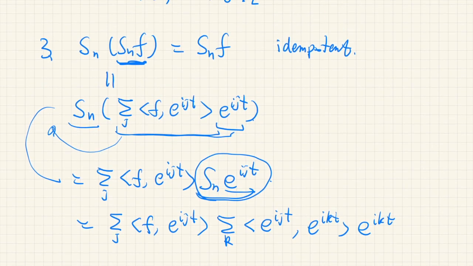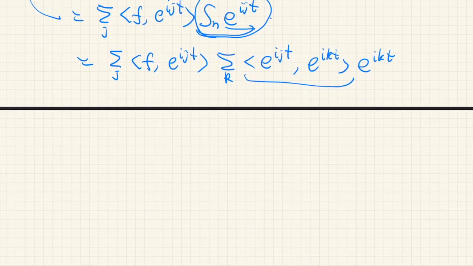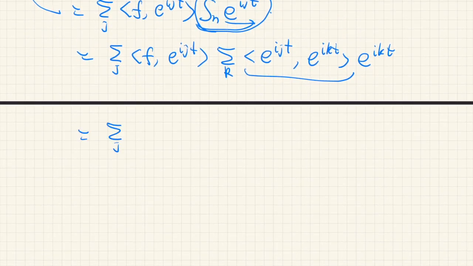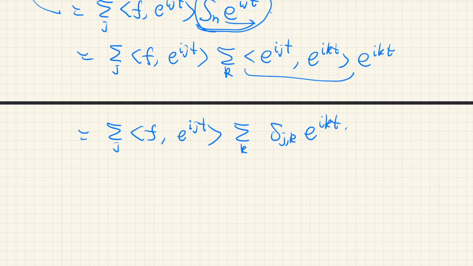But we know that this is orthonormal. So we have e^{ikt} here, and the sum over k of Kronecker's delta jk, e^{ikt} here.